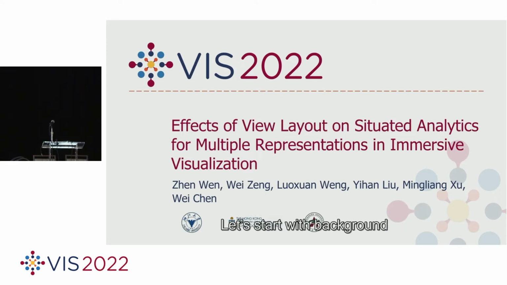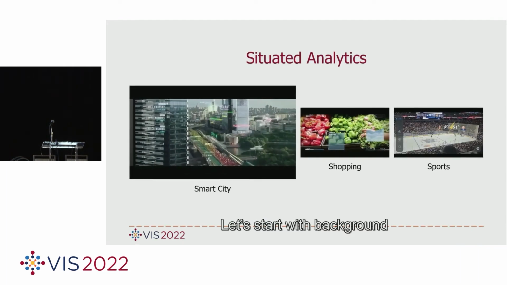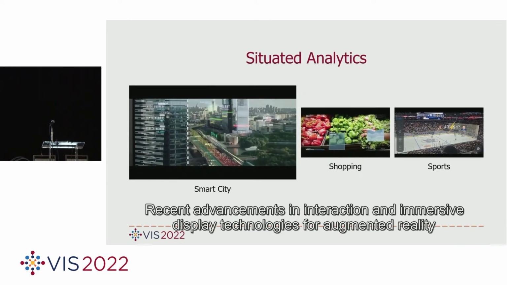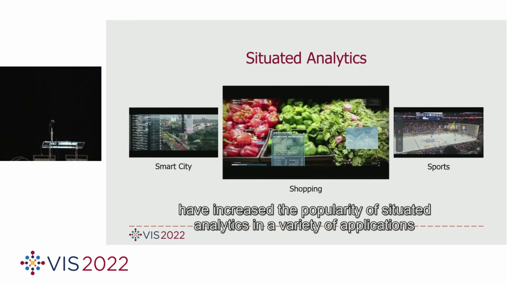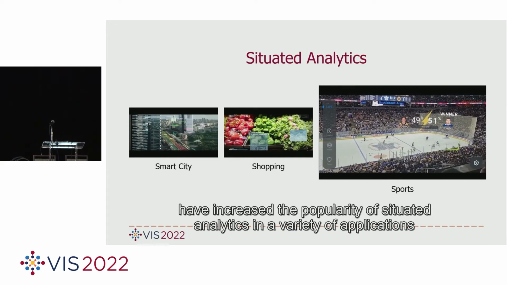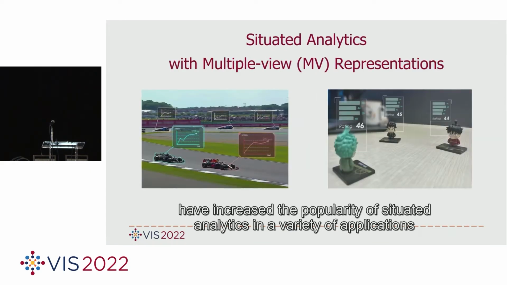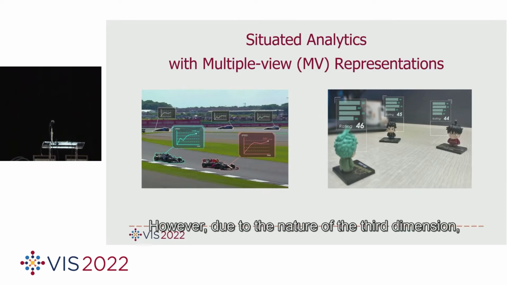Let's start with background. Recent advancements in interaction and immersive display technologies for augmented reality have increased the popularity of situated analytics in a variety of applications. Multiple view representations have been demonstrated to be effective for data exploration in immersive visualization.